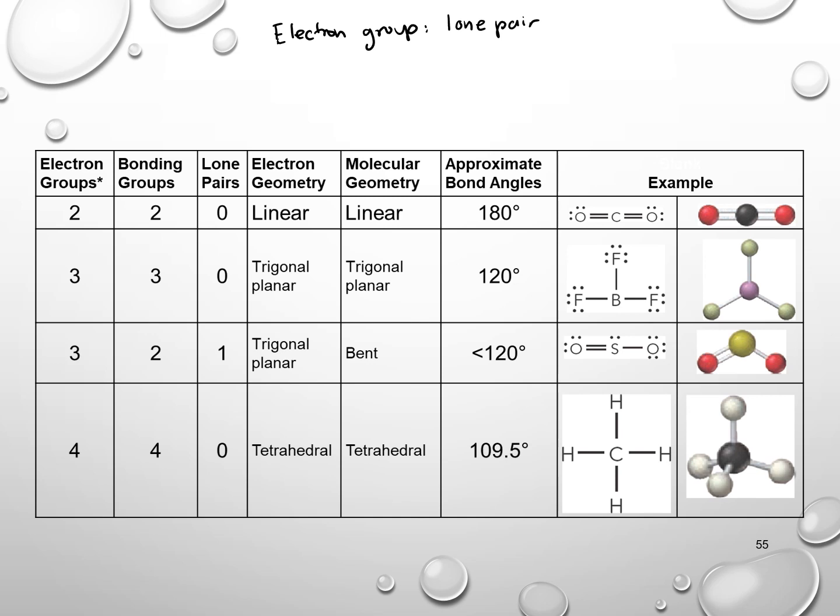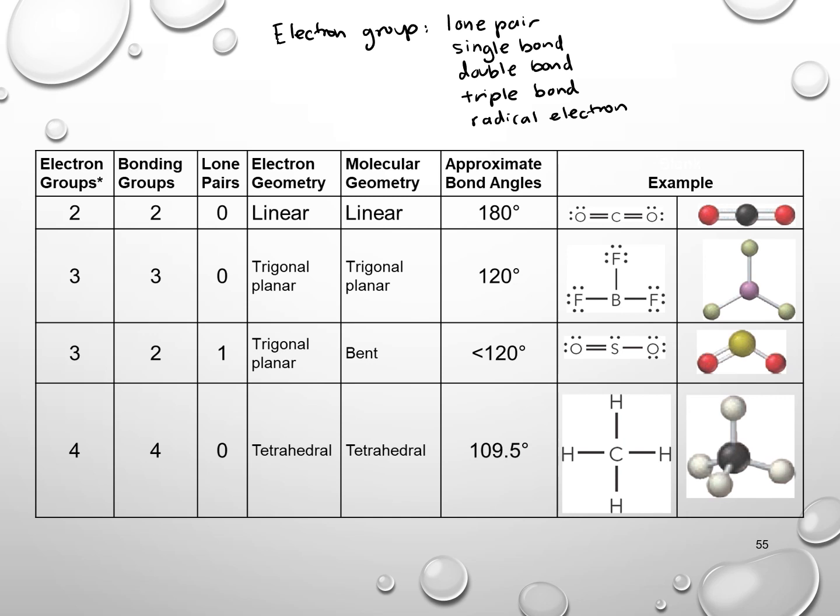So a single bond is one group. A double bond is also considered one group. A triple bond is also considered one group. Now sometimes it's not a lone pair, it's just one electron. We call it a radical electron. That's really rare. But these are the electron groups.